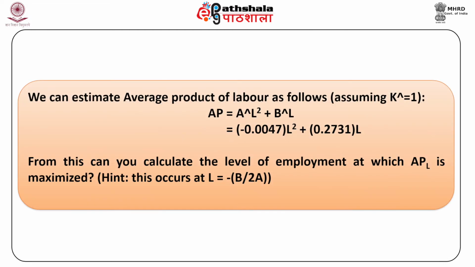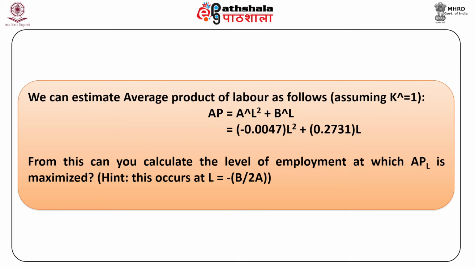We can estimate average product of labor as follows, assuming K hat = 1. AP = A hat·L² + B hat·L, which equals -0.0047L² + 0.2731L.